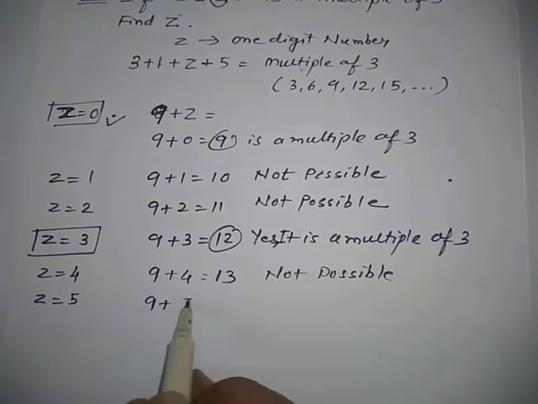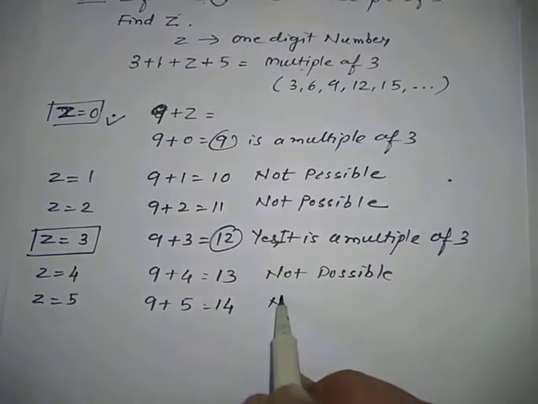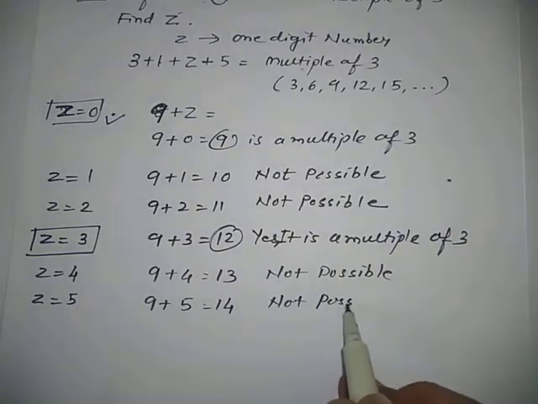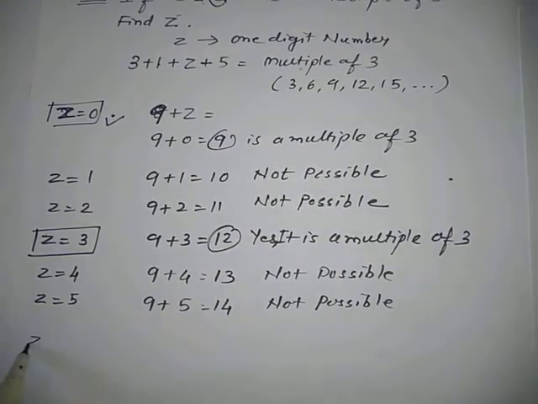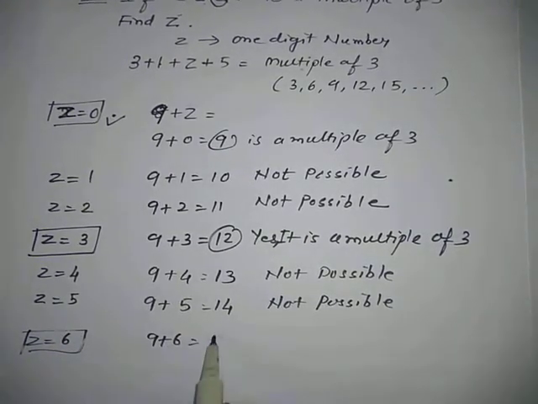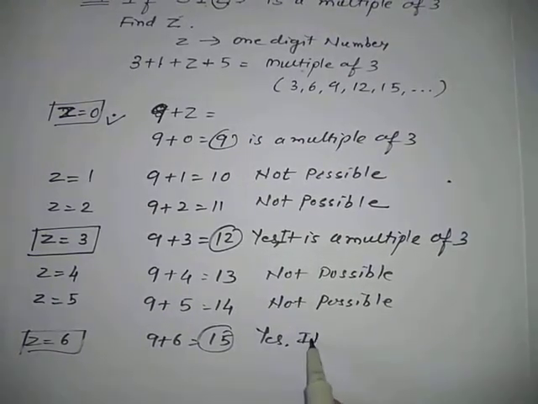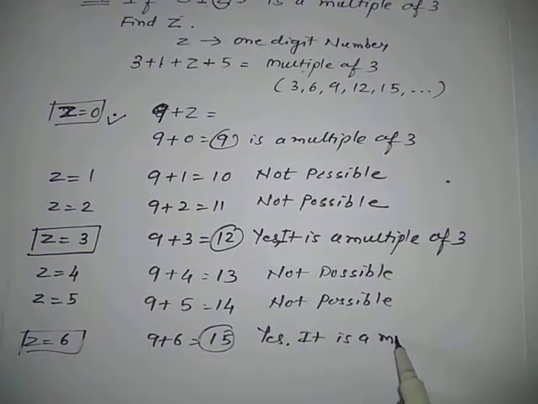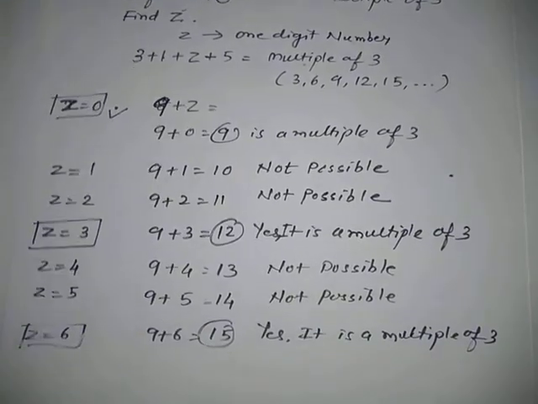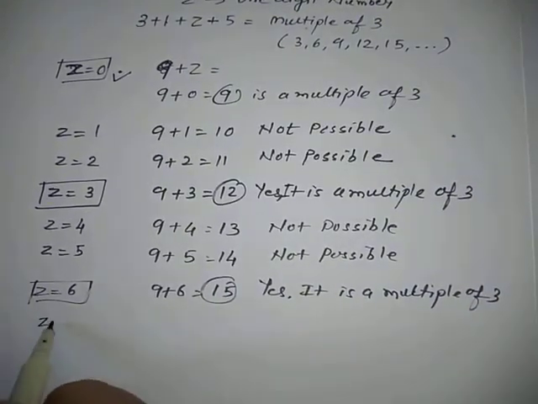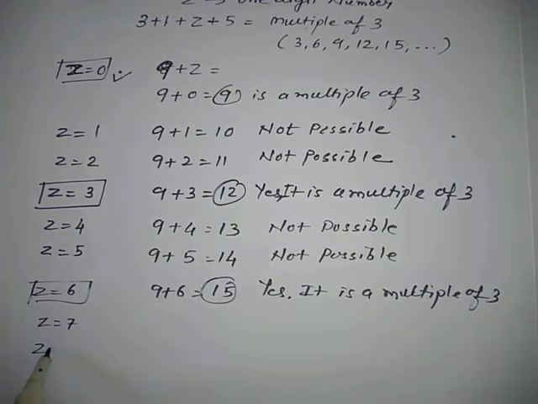Then 9 plus 5, it will be 14. Again, it is also not possible as a multiple of 3. Then z is equal to 6. Let me take. So 9 plus 6, it will be 15. Yes, 15 is a multiple of 3. Then z is equal to 7, or z is equal to 8, or z is equal to 9. We have to check.